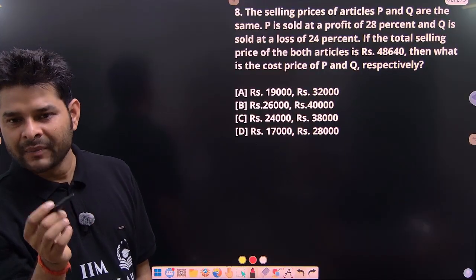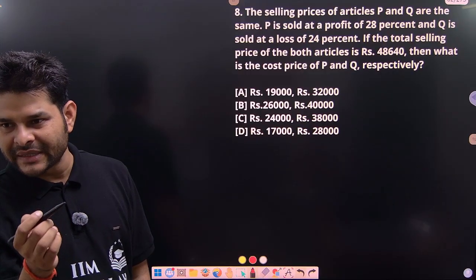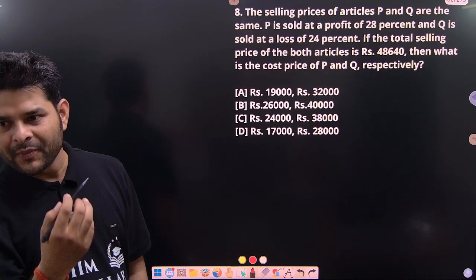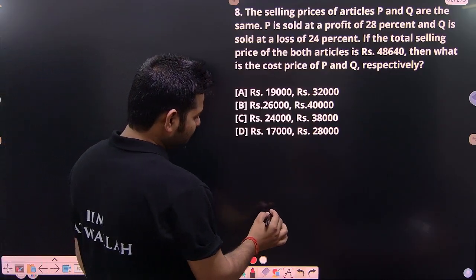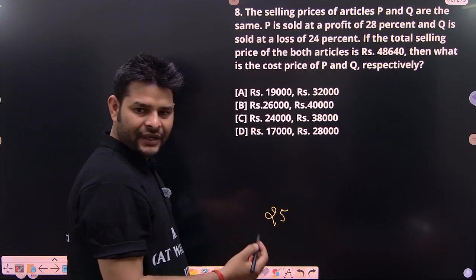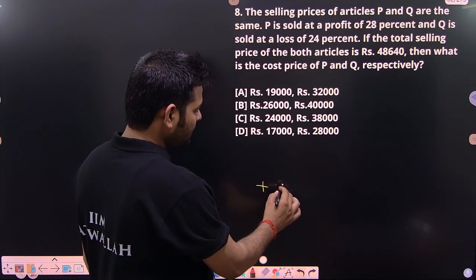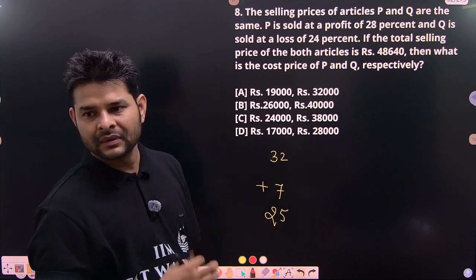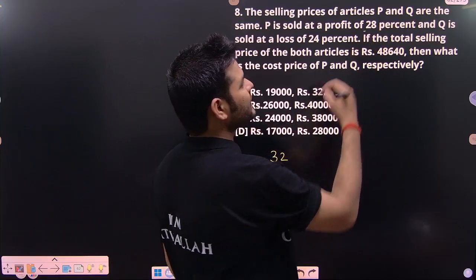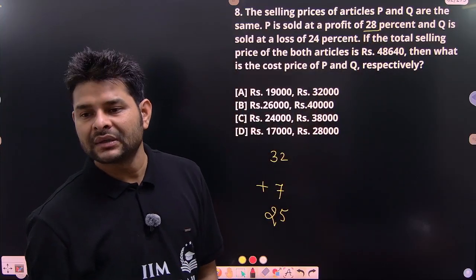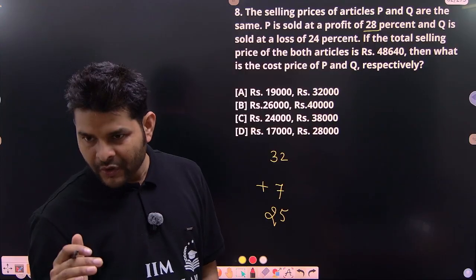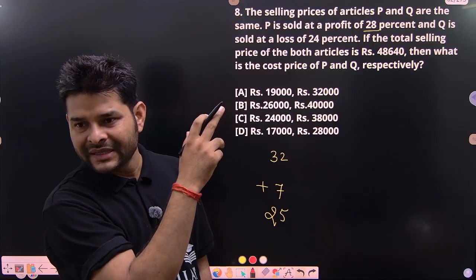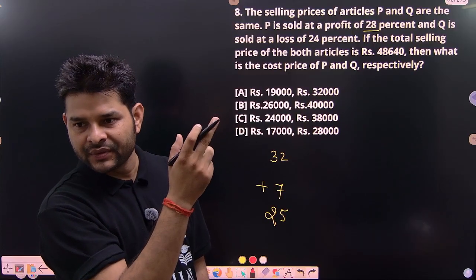4% means 1 upon 25. 7 upon 25 would be 28%. So if CP is 25, 7 would be profit, then 32 would be SP. 4% means 1/25, and 4 multiplied by 7 is 28.